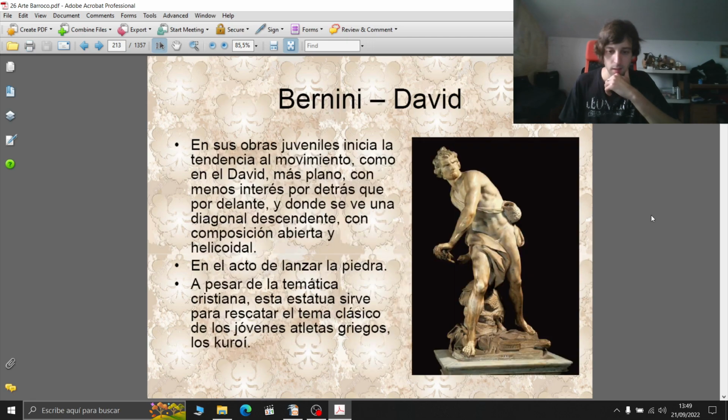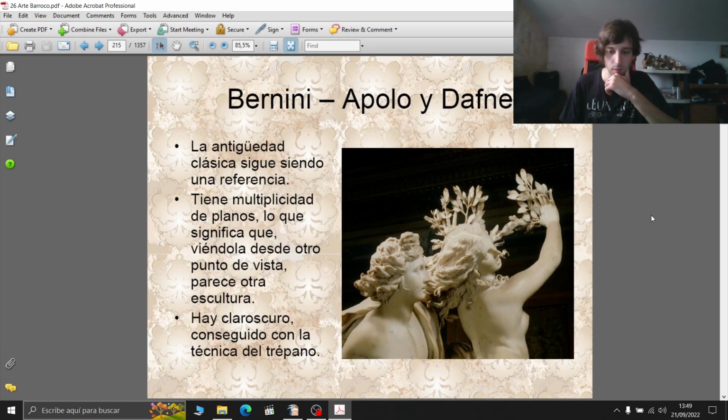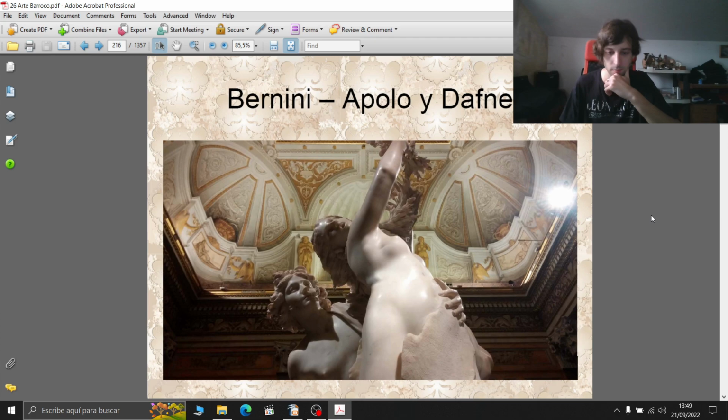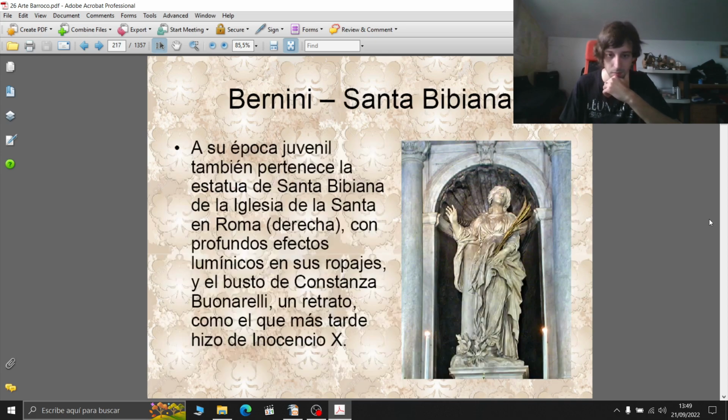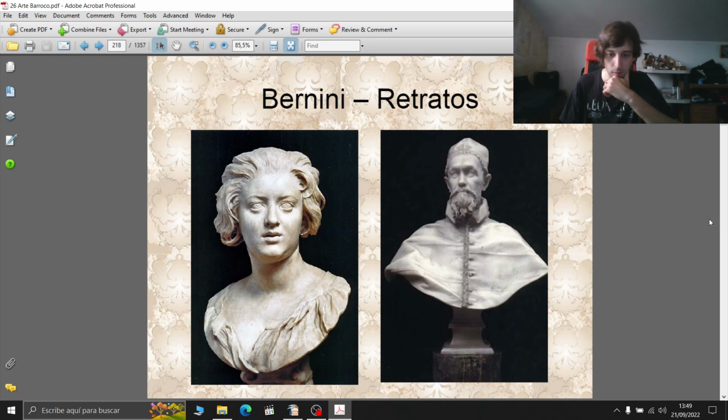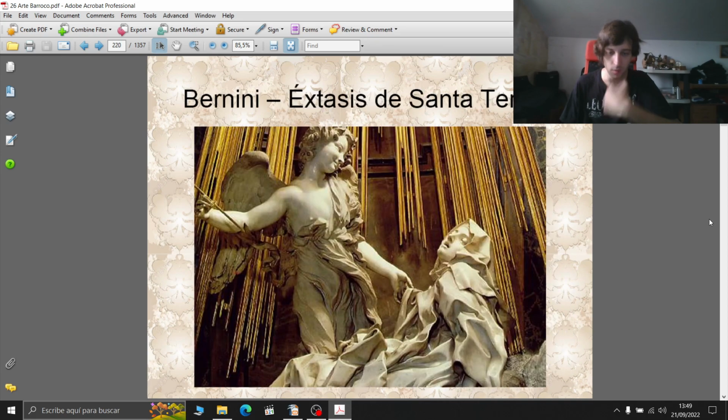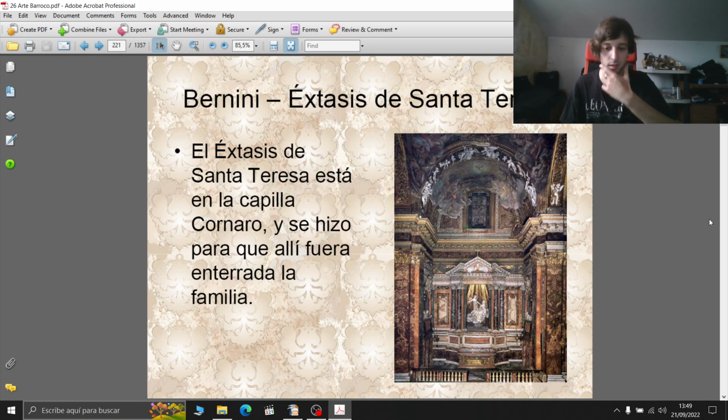Galatea, David, Apollo and Daphne. You see here the non finito made on purpose. Portraits, San Longinus, Ecstasy of Saint Teresa.